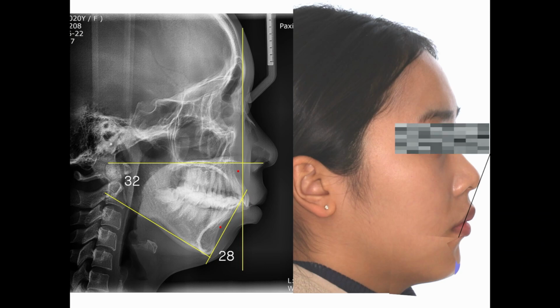The reaction to orthodontic treatment is limited and your teeth will be destroyed. So I refer you to plastic surgery. That is our duty. Okay.